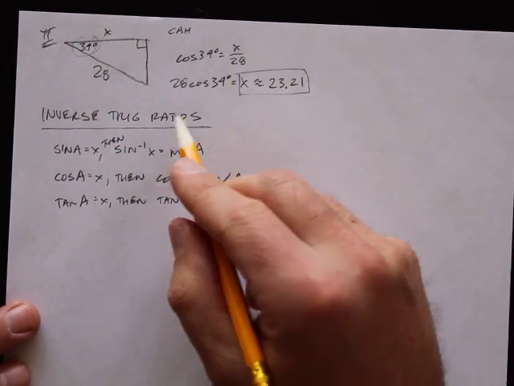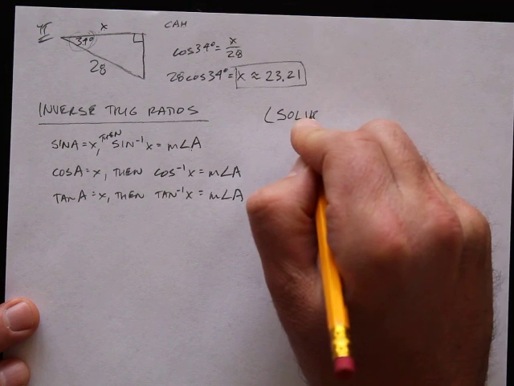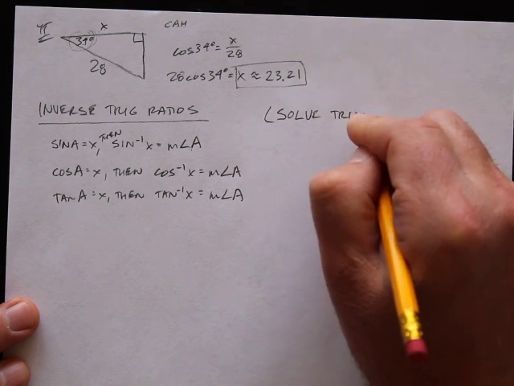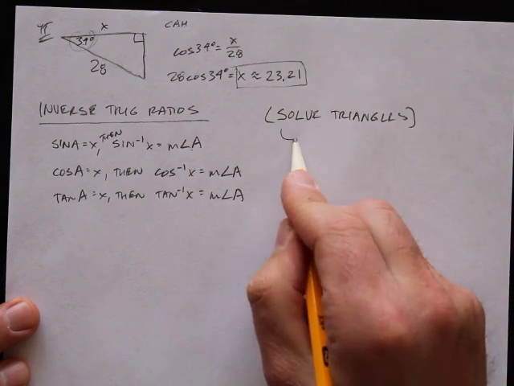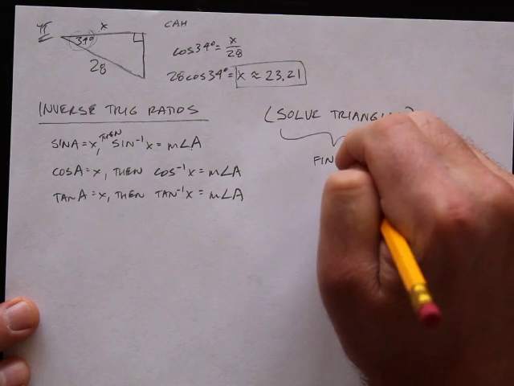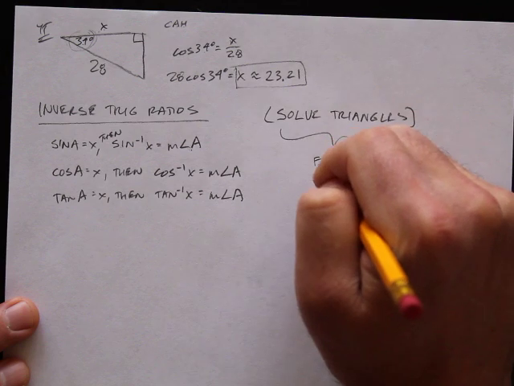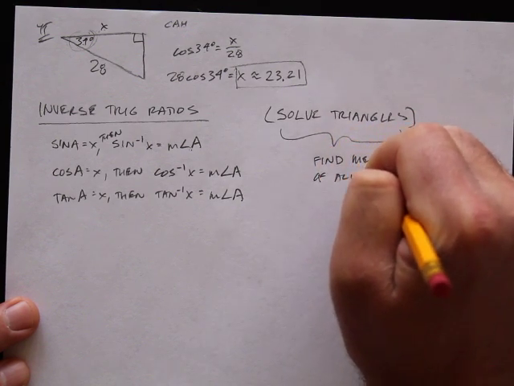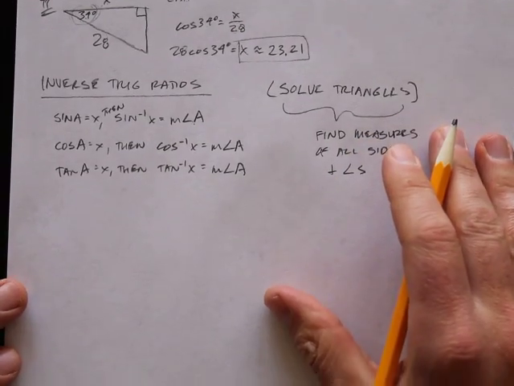So now we're going to do something called solving triangles. And what this means is that we are going to find the measures of all sides and angles of triangles.